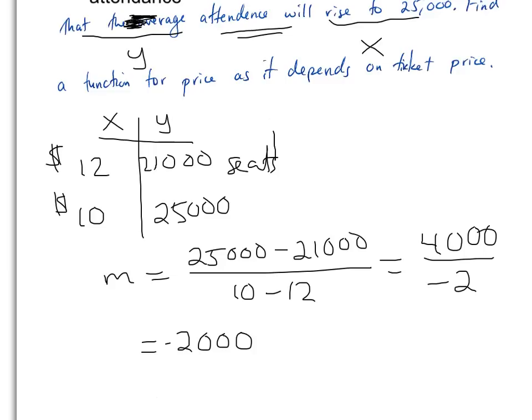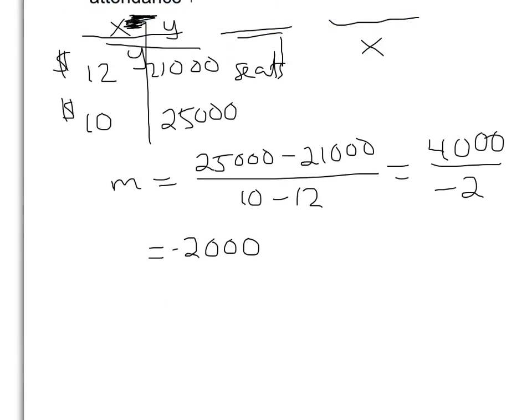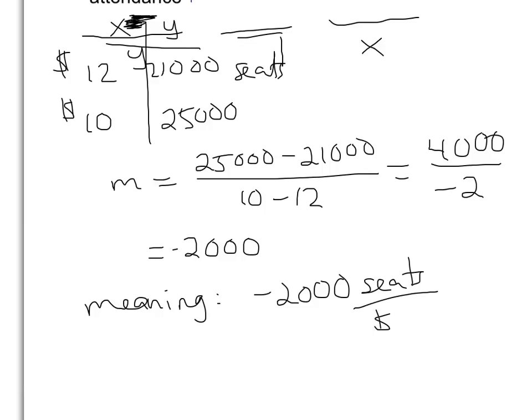And now let's see if we can understand what this slope means. It's now a negative value, but does that make sense? So the meaning of our slope is that it's negative 2,000, and the units would be a change in the number of seats per dollar difference.